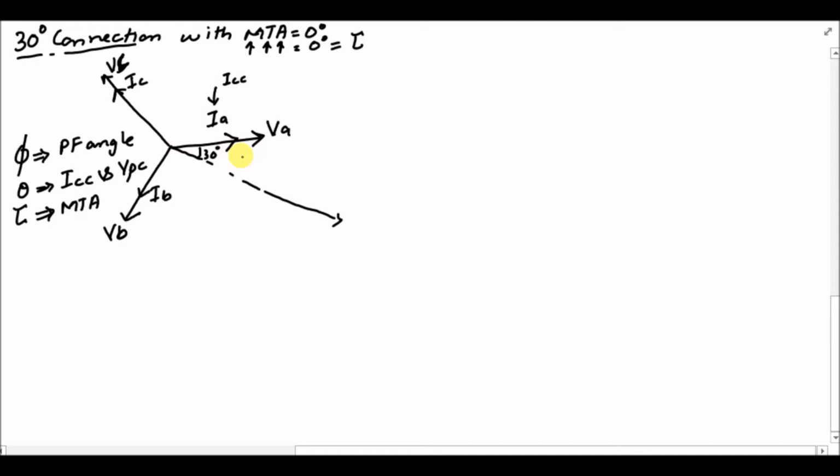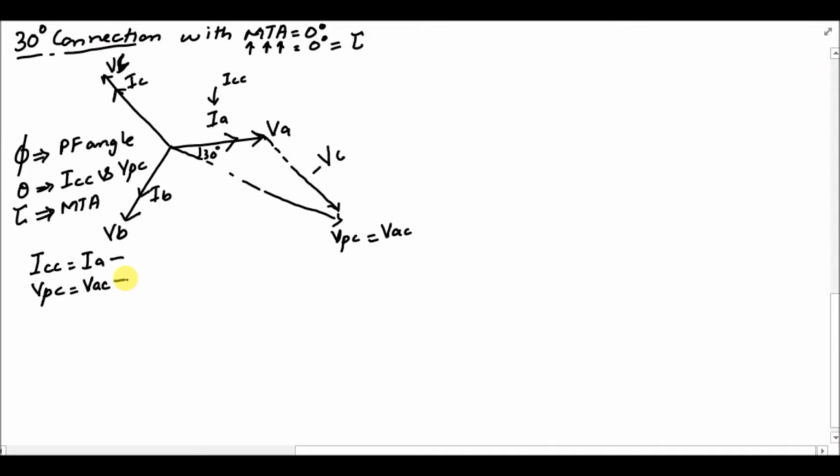So all the faults that are considered in this case are related to phase A in one way or another. So first I have to find VPC, and from the phasor diagram I know that VA minus VC will be the VPC, which will be equal to VAC. So in this example we have ICC equal to IA and VPC equal to VAC. So these are the two inputs to the relay.